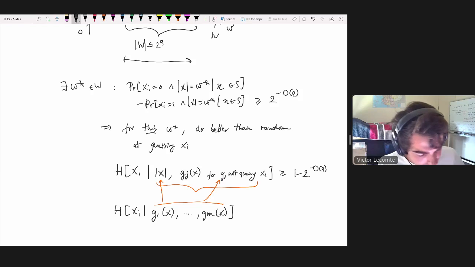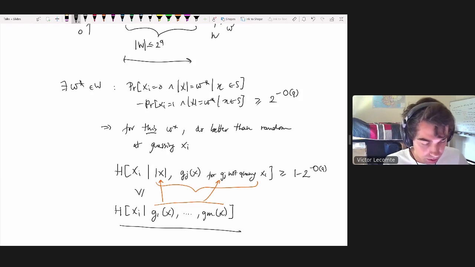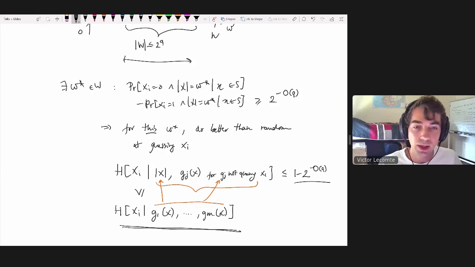So that means that the entropy here is at most the entropy that we just bounded. Sorry, this is in the wrong direction. It should be less than 1 minus 2 to the minus q. So now we have this entropy is less than 1 minus 2 to the minus q, and that is exactly what we needed to prove.